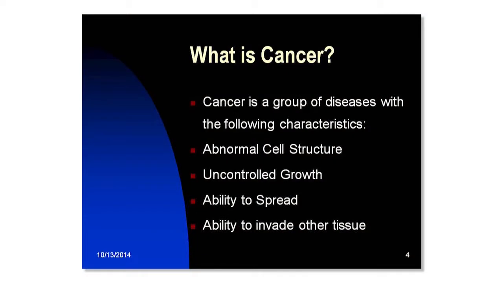So this is kind of the definition, and cancer is a group of diseases with the following characteristics. Abnormal cell structure, uncontrolled growth, ability to spread, and ability to invade other tissues, so they can get out into your bloodstream and go to other areas of your body, different areas from where it started.